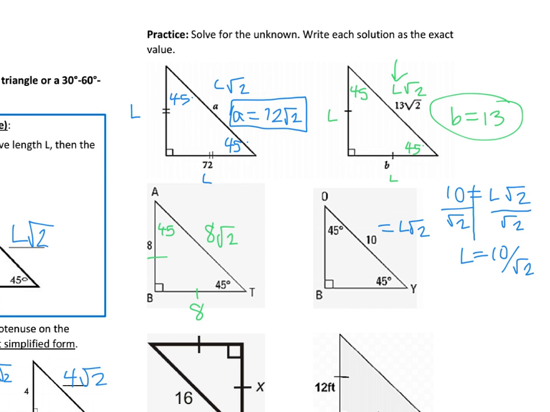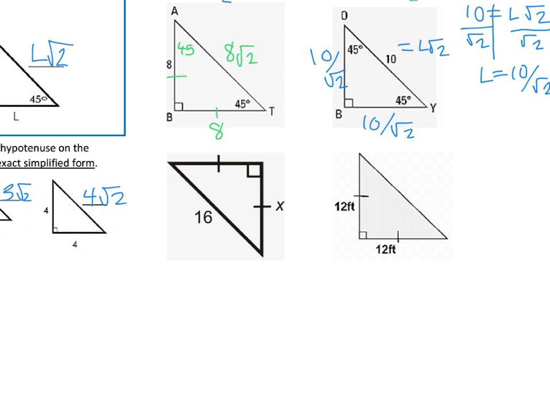Normally we would not allow a square root in the bottom, but if you did the decimal of that, you would have the same thing as if we did it without a square root in the bottom. So that is perfectly acceptable for right now. 10 divided by the square root of 2 for both legs. All right, this next one is also a little bit tricky.